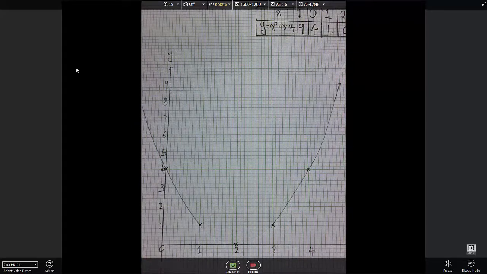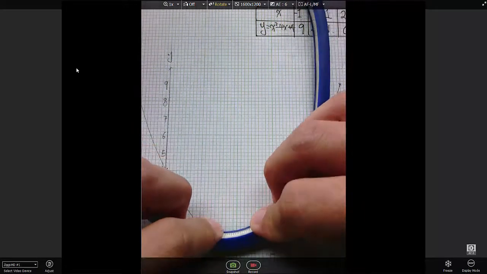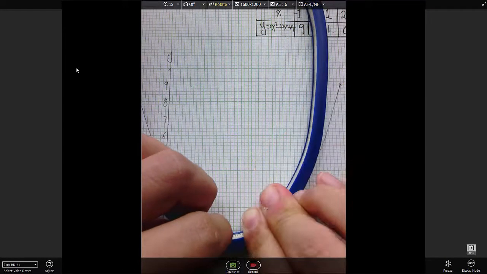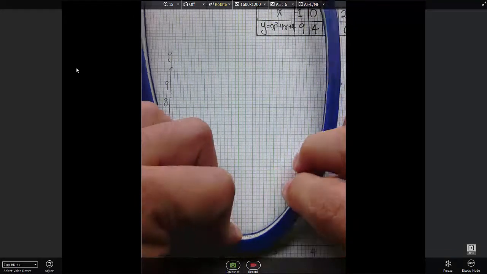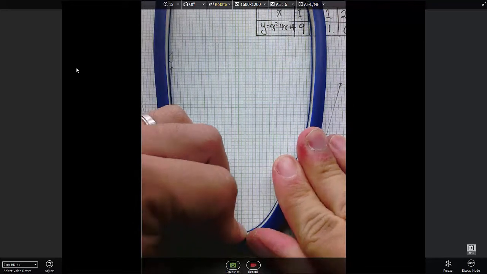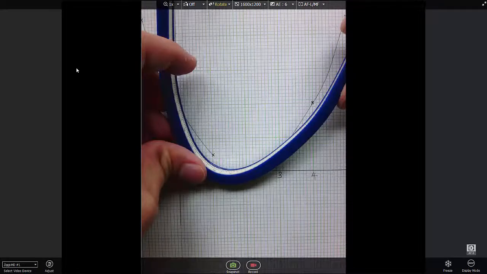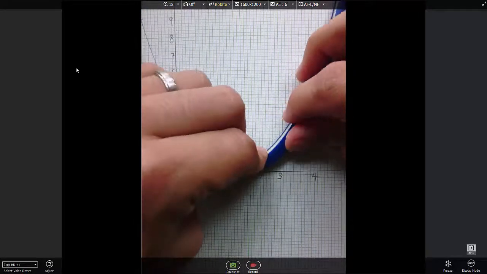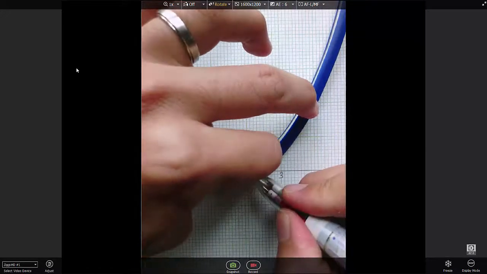Now, the last part here, this curved part. Again, the smooth part must be touching the paper. 1, 2, 3. Maybe I focus the camera a bit more. Maybe I do 2 first, here, like this.